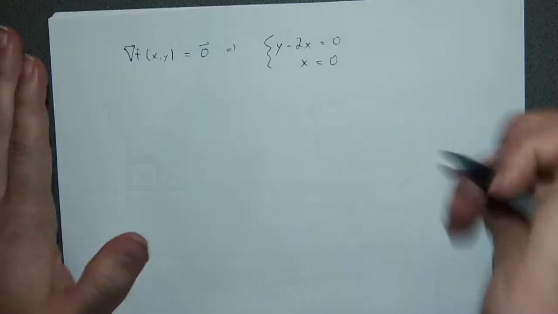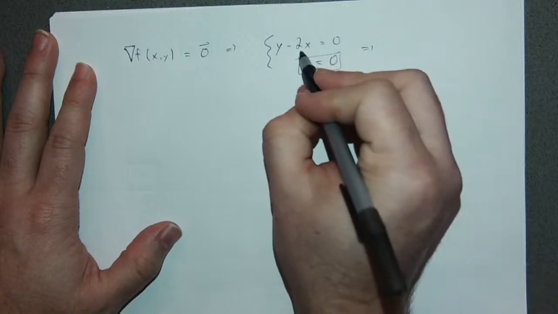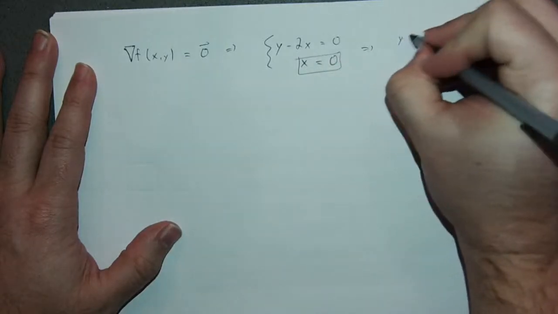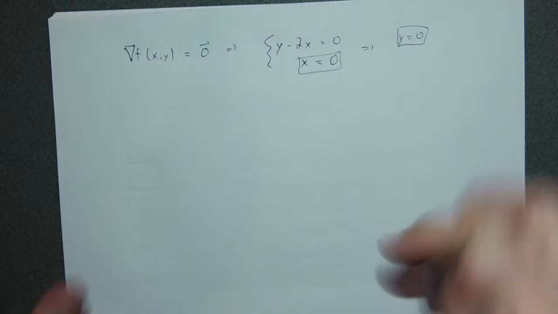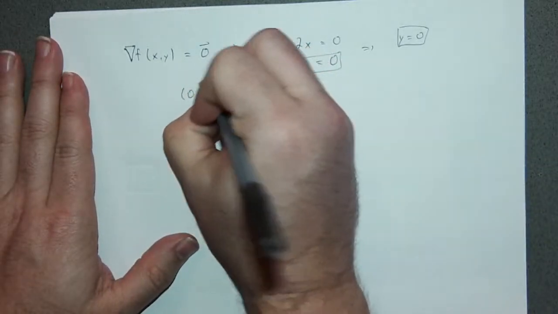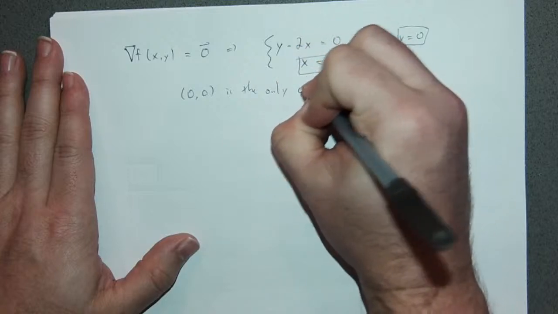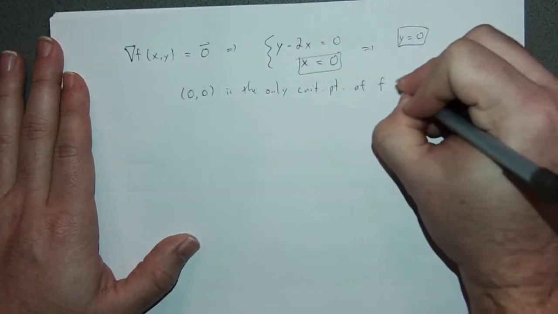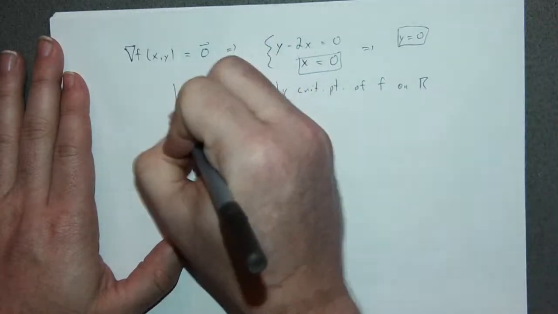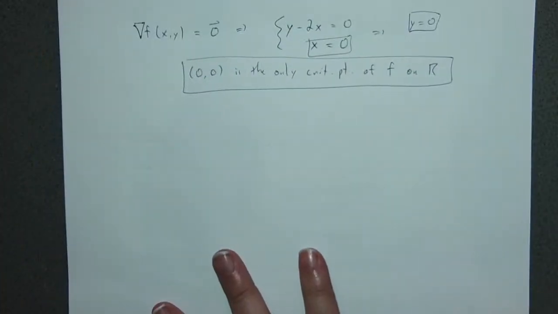And so, if x is equal to 0, plugging that into the first equation, this means that y is equal to 0. Those are the only possibilities, and so (0,0) is the only critical point. It's the only critical point of f on R. It's actually the only critical point for f, period. It doesn't even matter what R is.